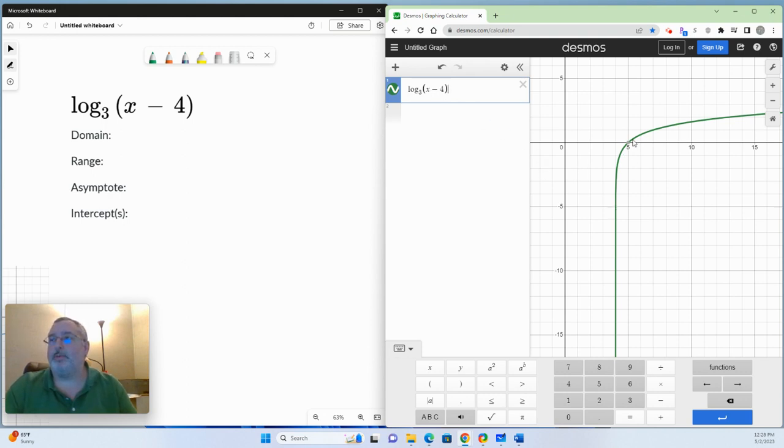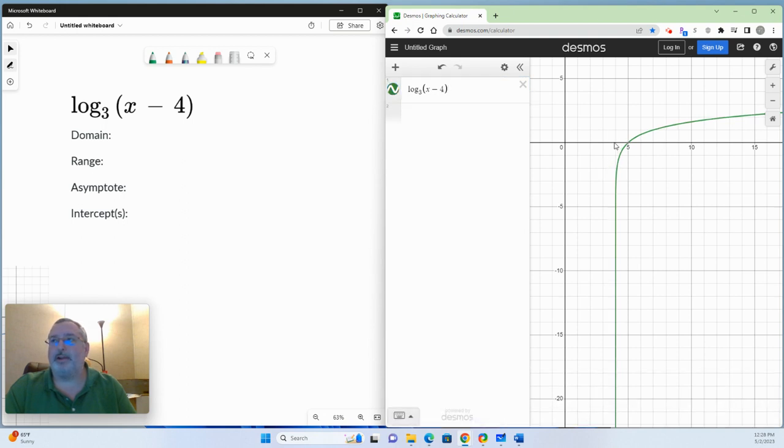So what's the domain? Well, I'm not going to be able to go past this point right here because it doesn't cross over that. So what is that number right there? That is 1, 2, 3, 4. I can't cross 4. You can get that by setting this equal to 0.